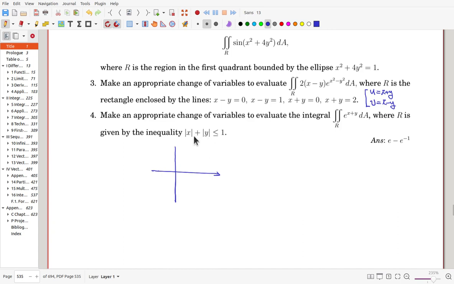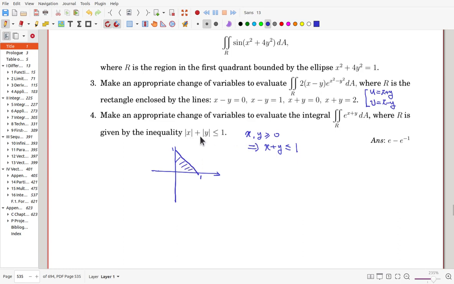For example, if x and y are simultaneously non-negative, then the given equation can be changed into x plus y bounded by 1. So that is exactly this one. This is 1 and 1 here, below, like that.